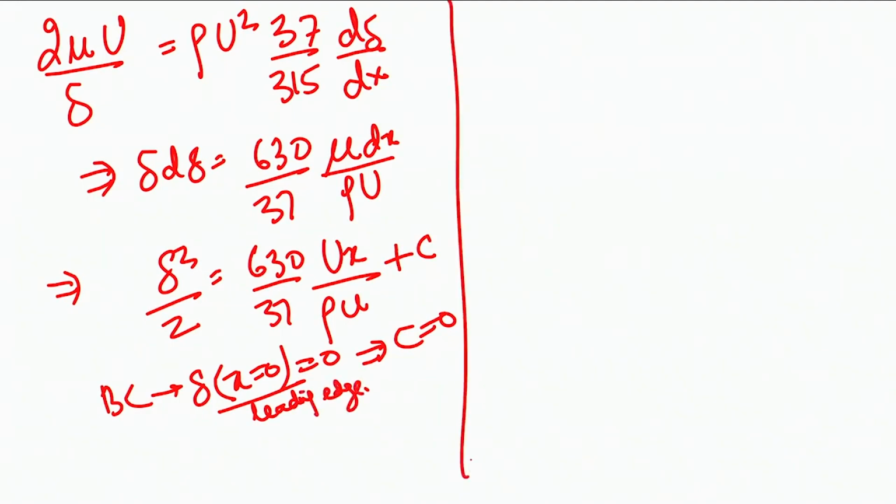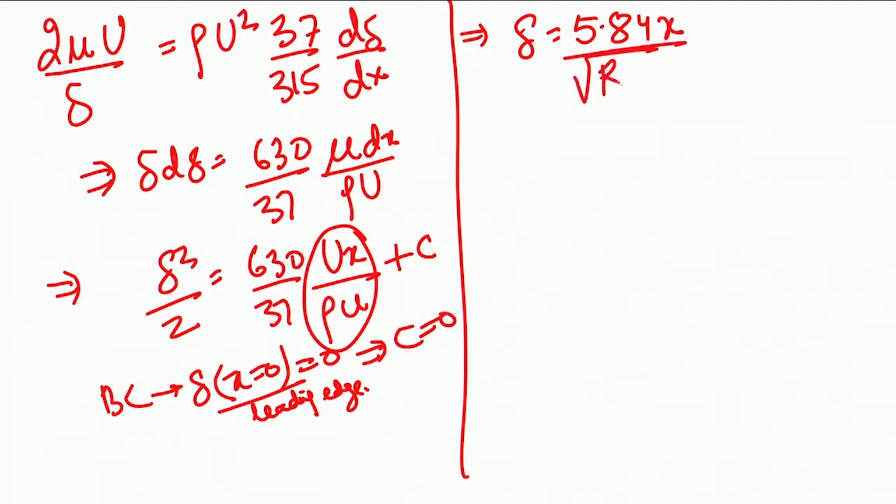All right, so if you put it in terms of the Reynolds number, 1 by Reynolds number, this is going to give you delta is equal to 5.84 x by under root Re x. All right, so this is how you get delta.